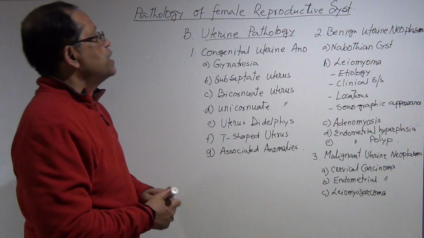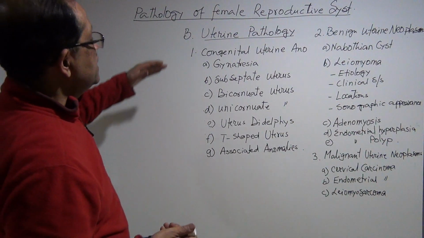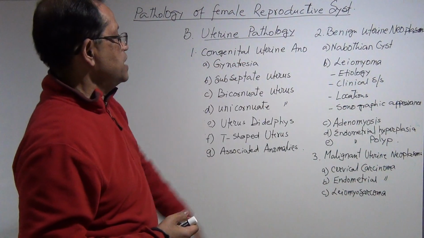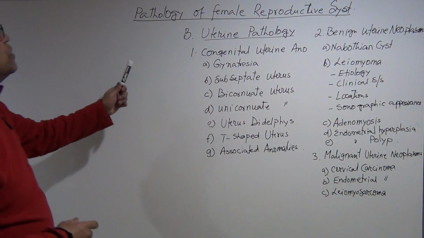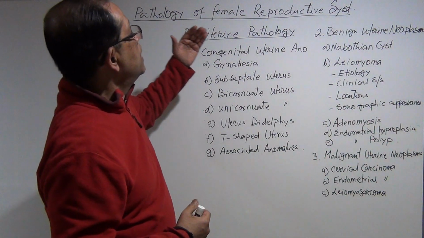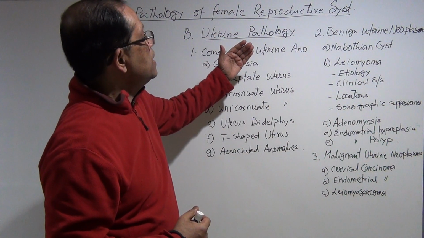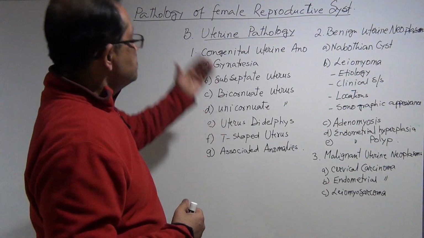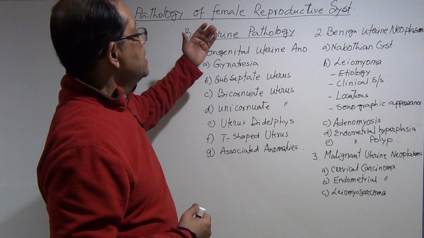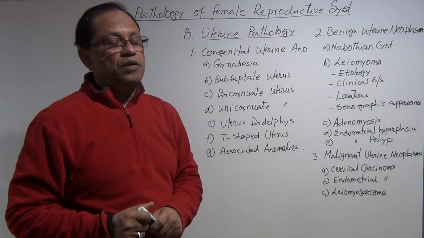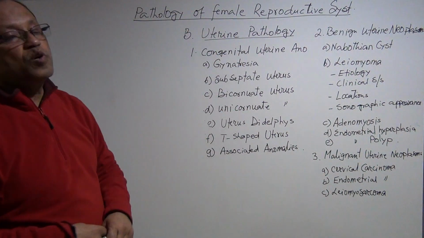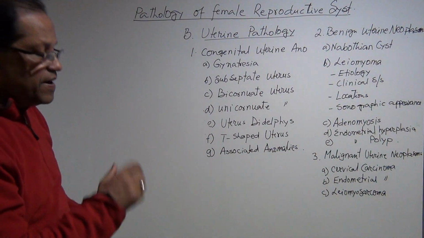Before going to uterine pathology and the congenital uterine anomalies that I will cover today, I want to understand first the developmental process of the female reproductive organs. That is very important.